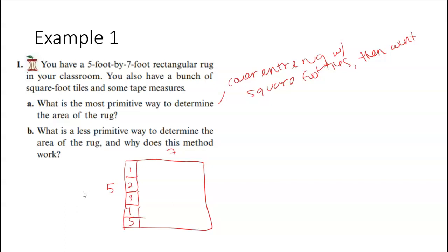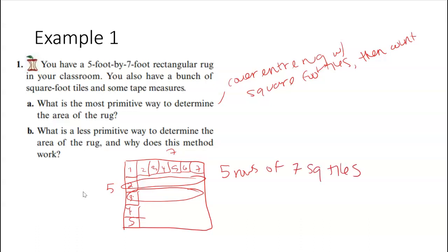We would have 1, 2, 3, 4, 5, 6, 7 going this way. And we could say that we're going to have 5 rows of 7 square tiles. So then we could multiply 5 by 7.